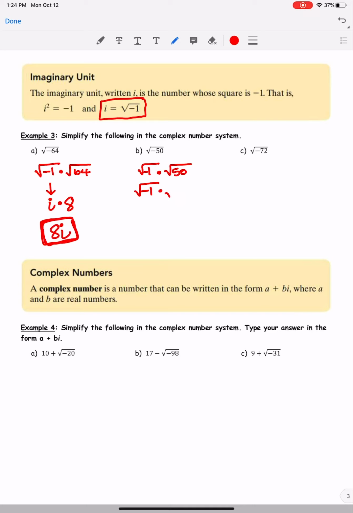That's an easy one. So square root 25 times the square root of 2. And so now simplify. This is I. This is 5. And I can't simplify this at all. So I times 5 times square root 2 gives me 5I square root 2.